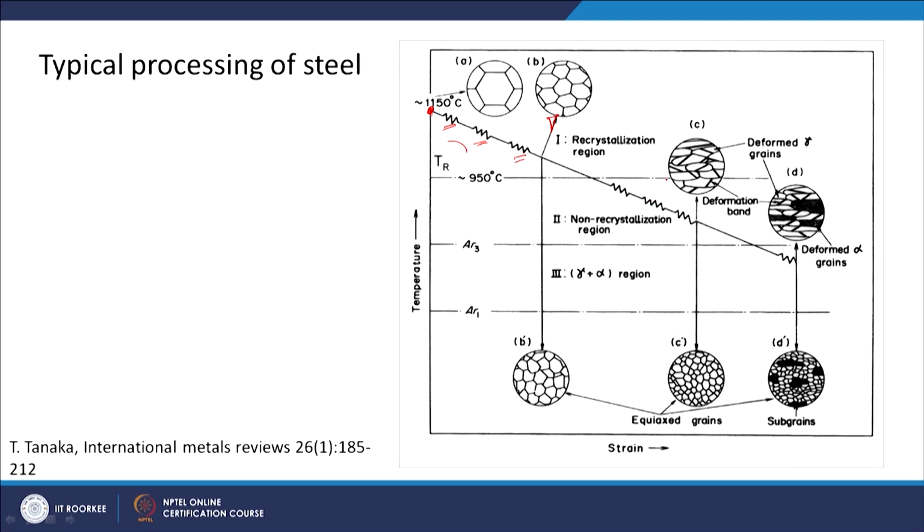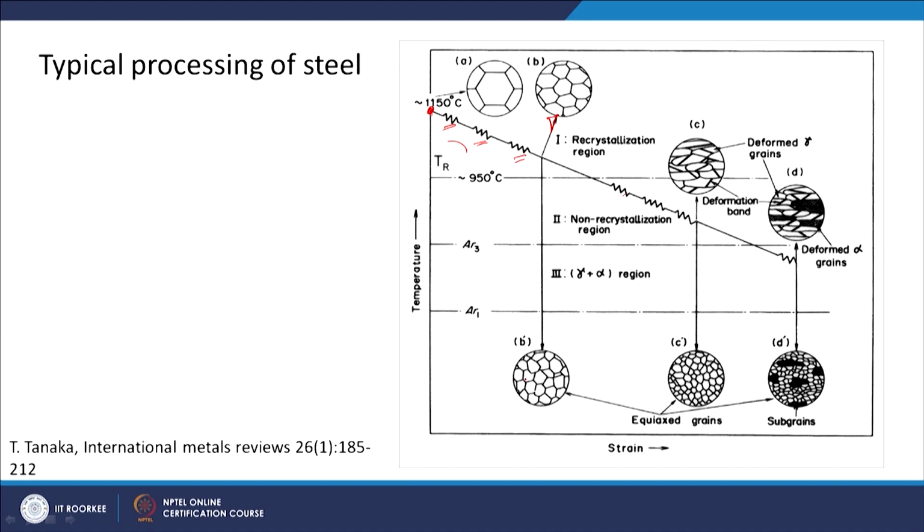Then again you are putting a strain at different stages, and the microstructure is something like this after deformation in the gamma phase, that means the austenite phase. Again the temperature is continuously dropping and you are putting deformation here. These are deformed alpha grains now, because you are coming into the alpha plus gamma region.